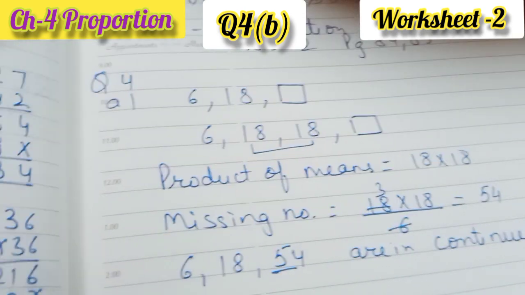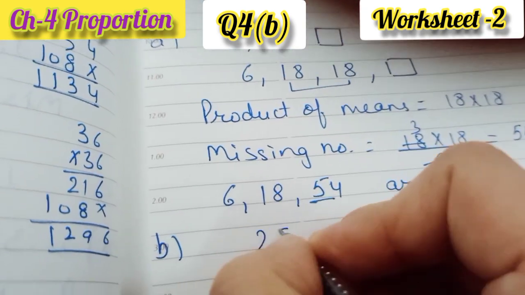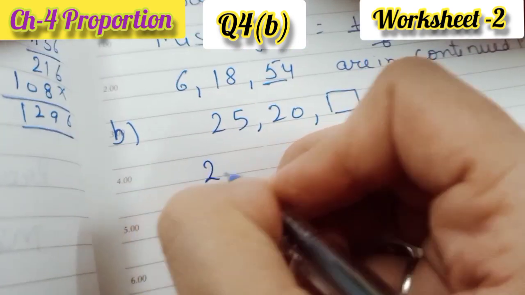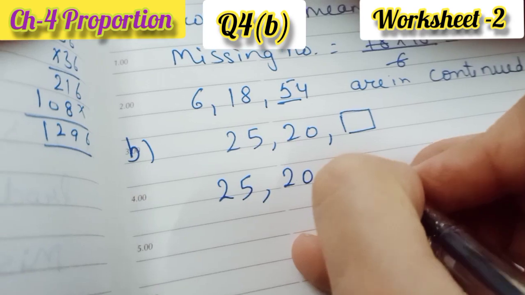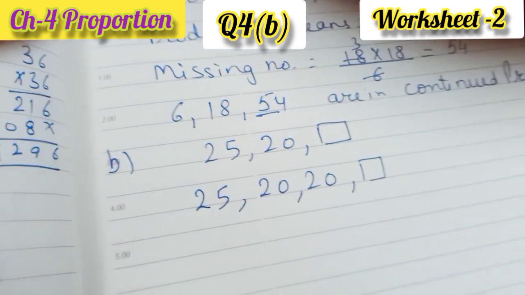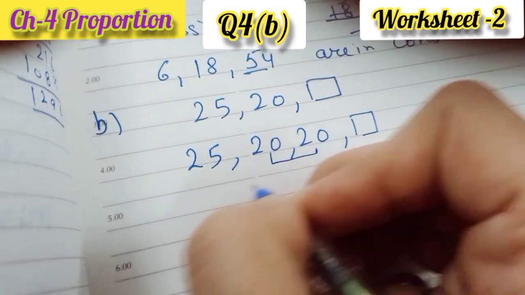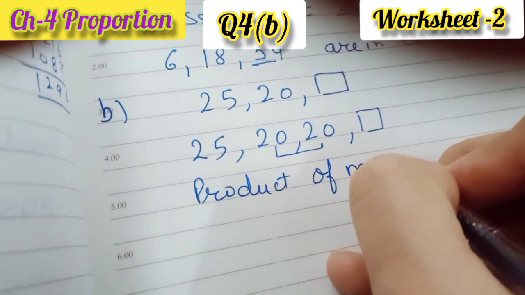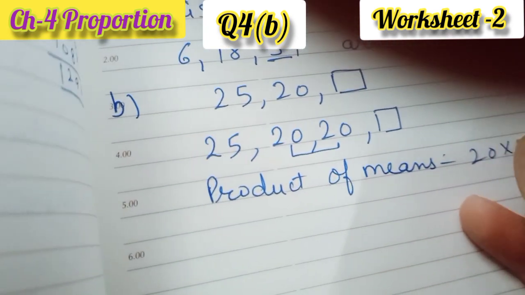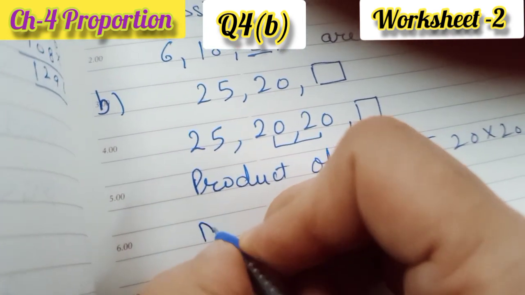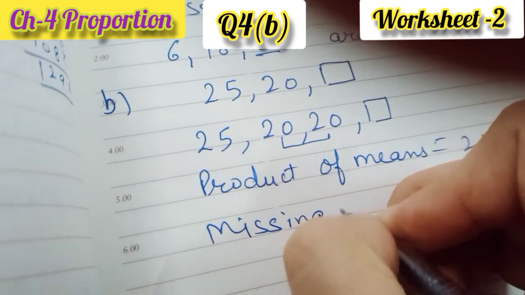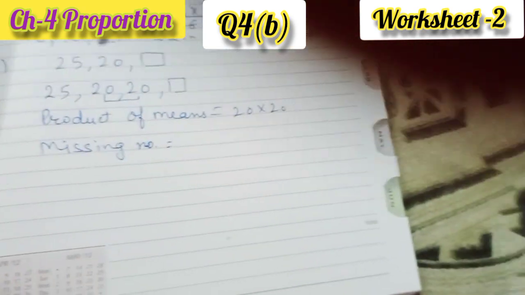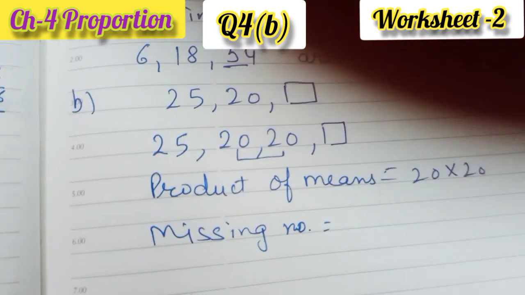And B part, 25, 20 and the missing number. So first of all, write it as 20, 20, 20 and the missing number. So we have means here, so find the product of means, that is 20 multiplied by 20. Now find the missing number of extreme. If we have the product of means, then we have to find the missing number in extreme.